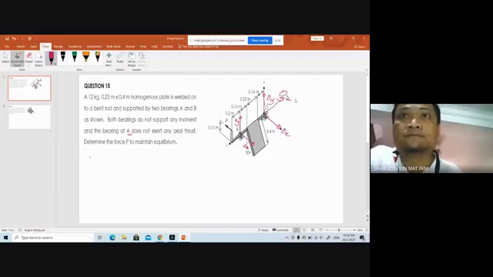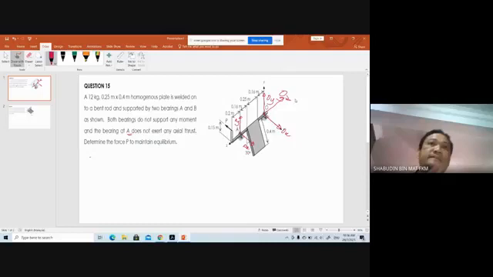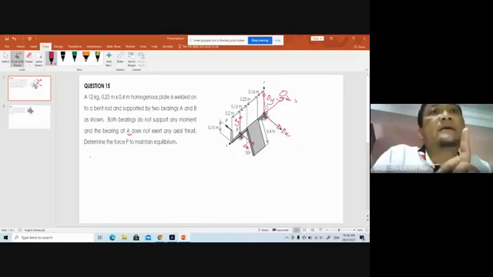Recheck: it says that bearing A only does not exert any axial thrust. It doesn't say both bearings do not support any moment and axial thrust.